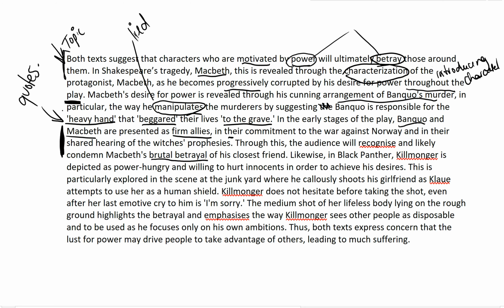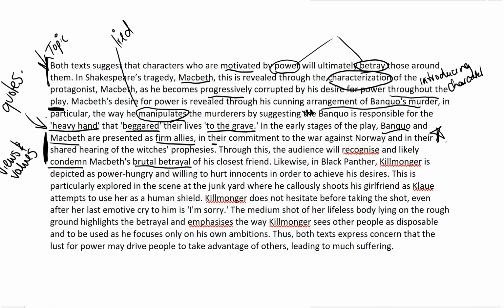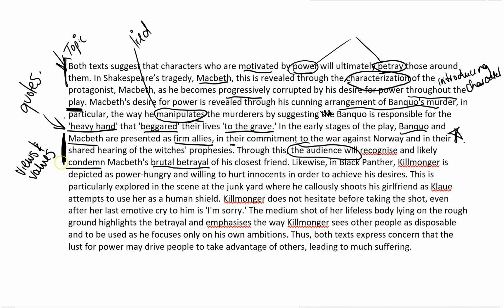So because of the initial relationship between the two, the audience will recognise the betrayal and condemn. So we're talking about the views and values here, and we're also talking about the impact on the audience. Okay, so that's one example of analysing by linking to views and values and linking to the audience response.